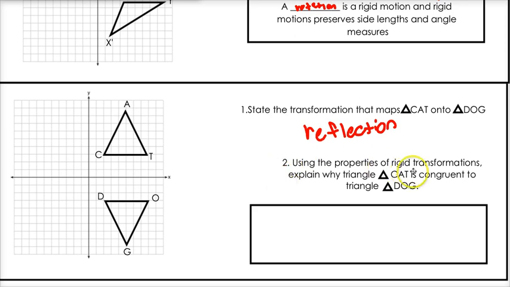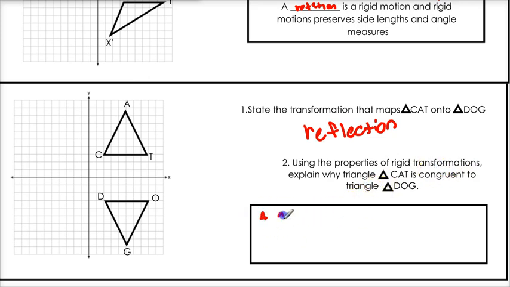So now we're going to use the properties of rigid transformations to explain why triangle CAT is congruent to triangle DOG. And by the way, if you saw that I used rigid transformations, that is the same as rigid motions. You can use either word. So let's explain why they're the same.